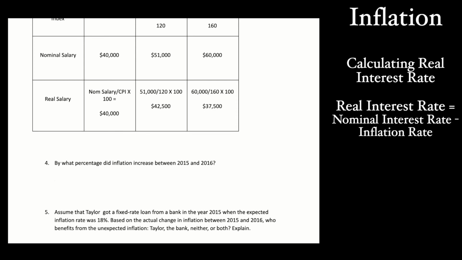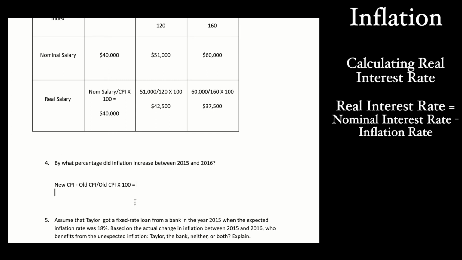All right, so next I want to see by what percentage did inflation increase between 2015 and 2016? Remember from our previous video, to measure inflation, you're going to take your new CPI minus your old CPI, new minus old, divided by our old CPI, times 100.